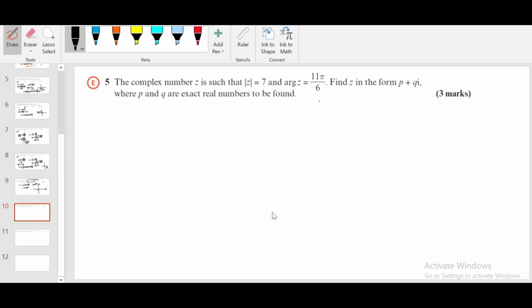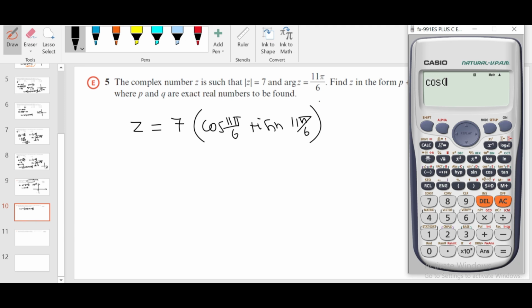Now question number 5 from the same exercise. Question number 5 says the modulus and argument of z are given. They want you to write the complex number in the form p plus qi. First write it in the modulus argument form: 7 cos 11 pi over 6 plus i sin 11 pi over 6. Find the value of cos and sin 11 pi over 6. Cos is root 3 over 2.